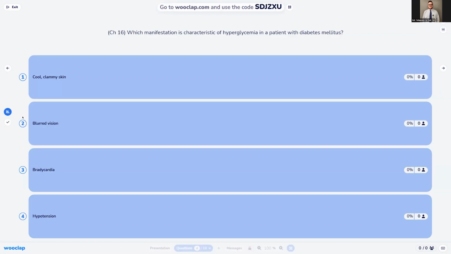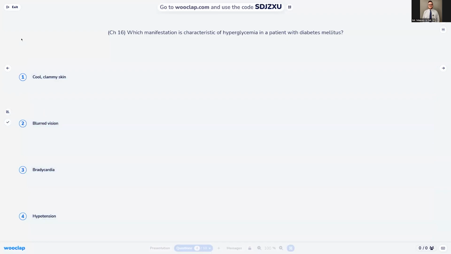Which manifestation is a characteristic of hyperglycemia in a patient with diabetes mellitus? Which one of these is a symptom of high blood sugar? This one was a little bit tougher.